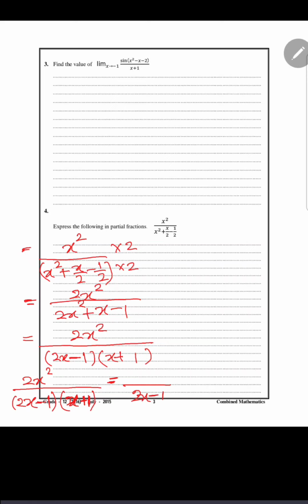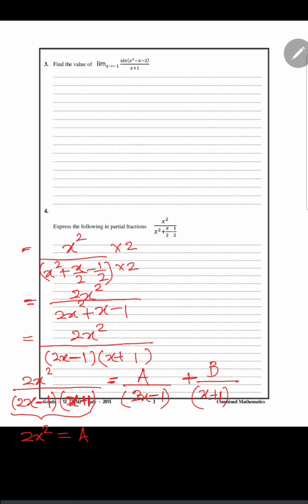For linear factors, we have constants in the numerator. x plus 1 is also linear, so we have another constant b. Now multiply this entire equation by the denominator. When I multiply that, we are left with 2x square equal.